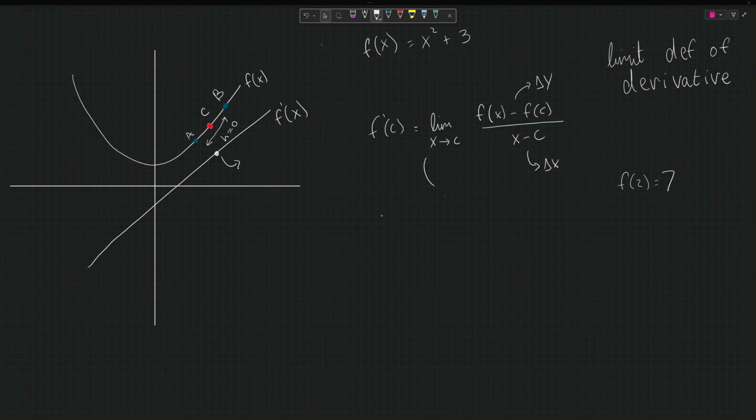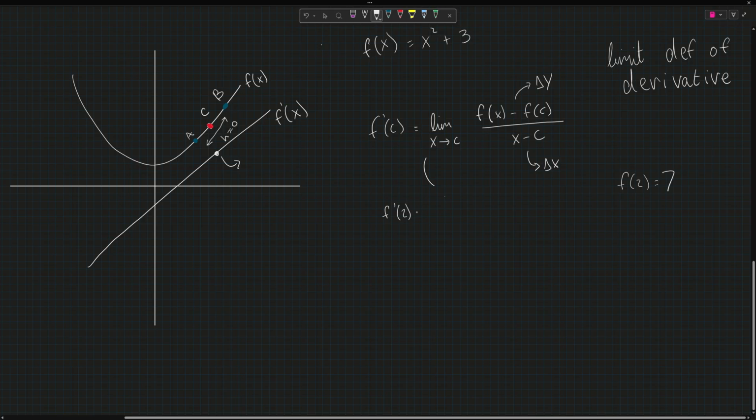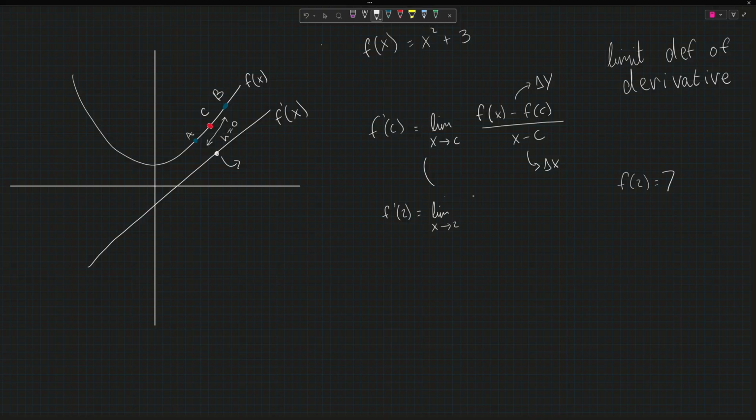Okay, now let's say using this, I'm trying to find f prime of 2. So what I'm going to do is replace c with 2 for every instance. So the limit as x approaches 2 of f of x, this will stay the same, minus f of 2, every time you see a c, we'll put a 2, over x minus 2.